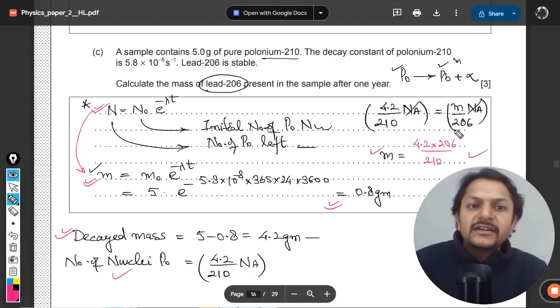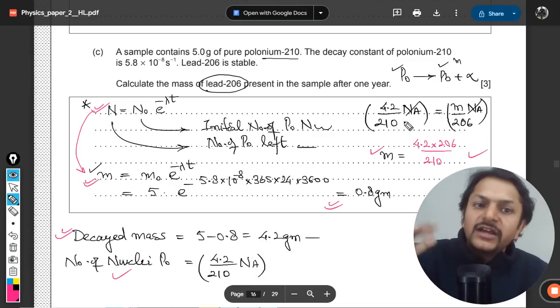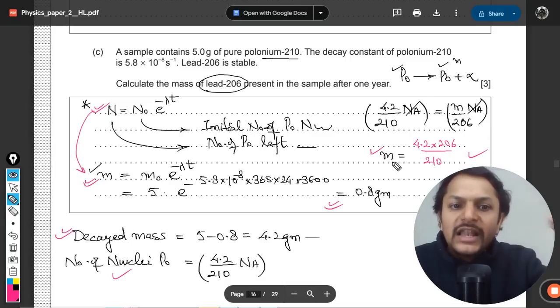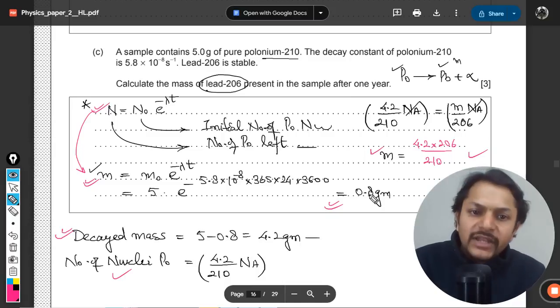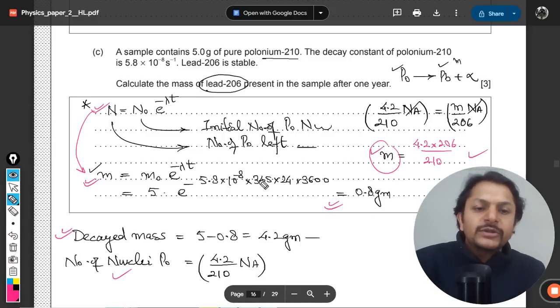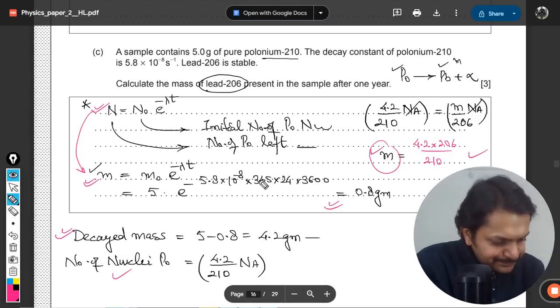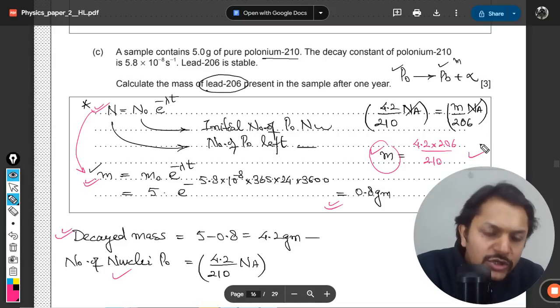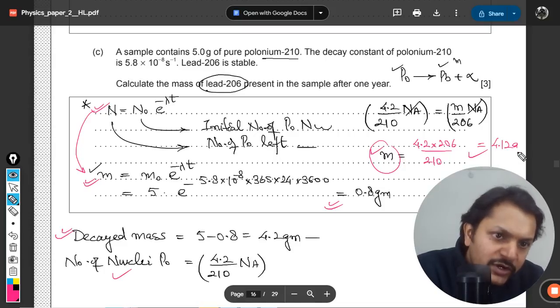Thereby we equate them and we find the mass of the lead that will be there in the sample. So the answer will be 4.2 multiplied by 206 divided by 210. Yes, that is 4.12. So this is 4.12 gram.